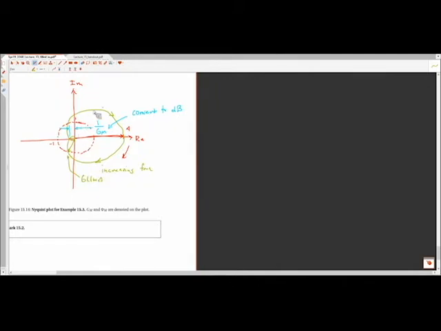So what we do is we basically draw a construction line going from the origin to that intersection point.